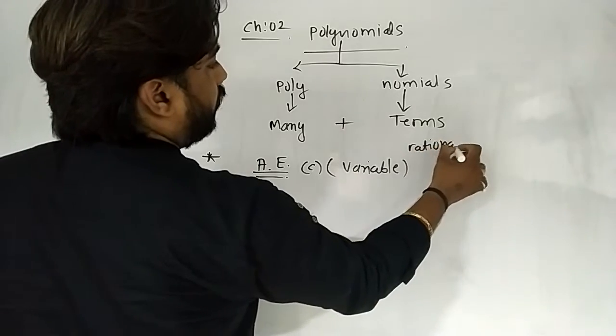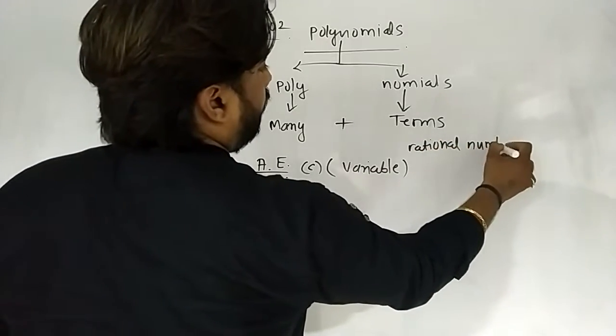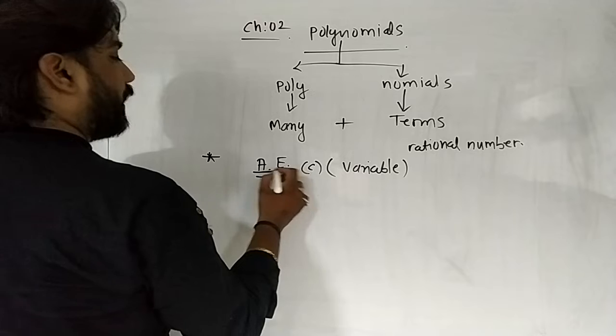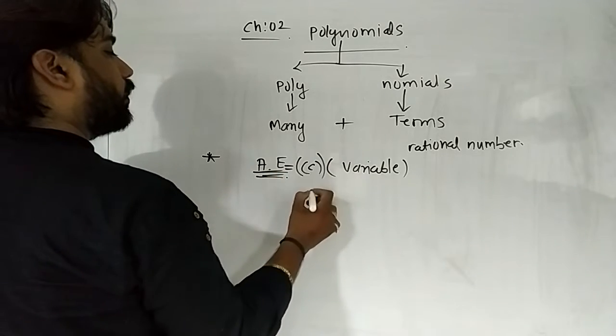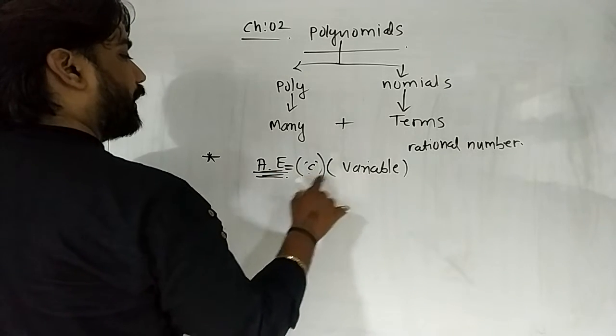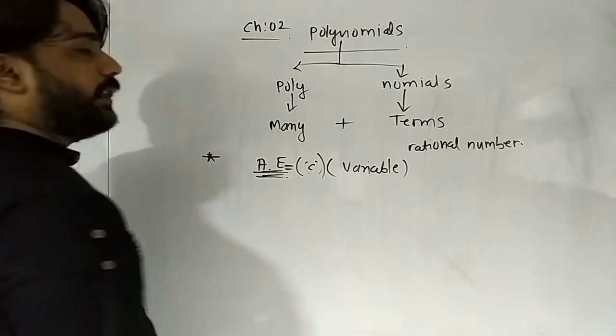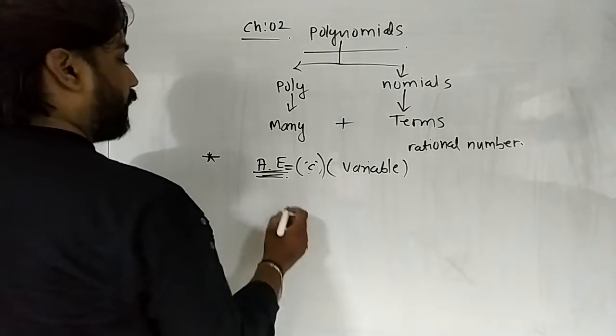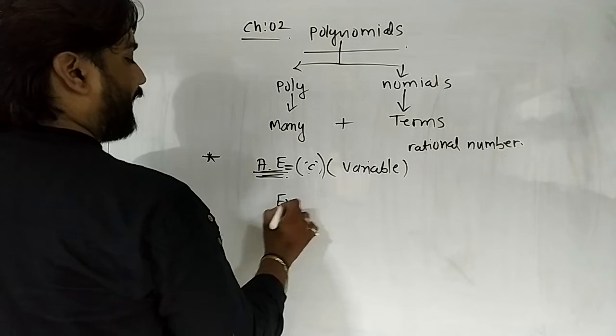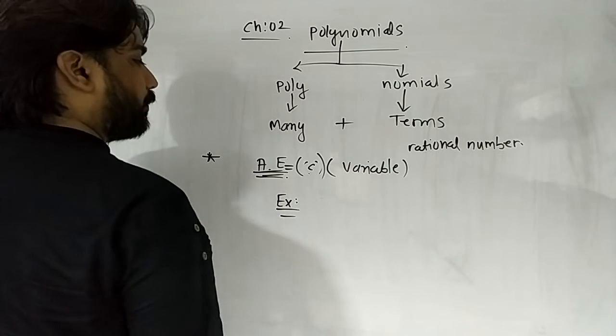A rational number. है ना? Algebraic expression means what? Constant, that is suppose c, into variable, and the power of variable can be any rational number.